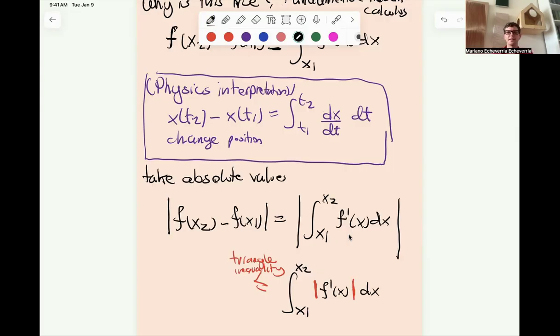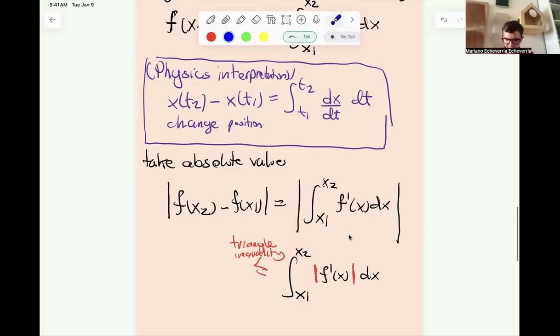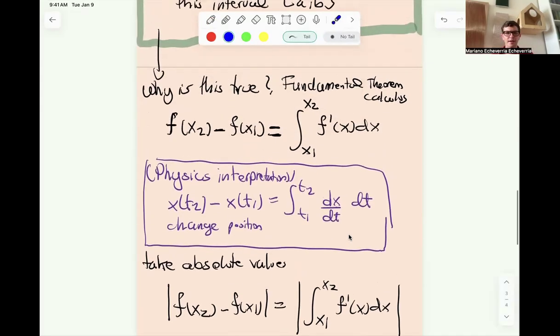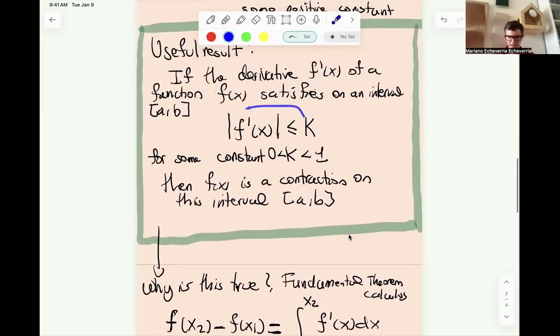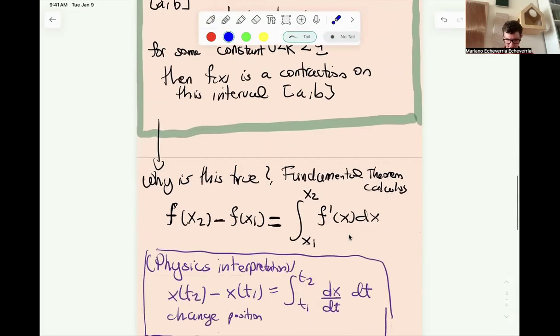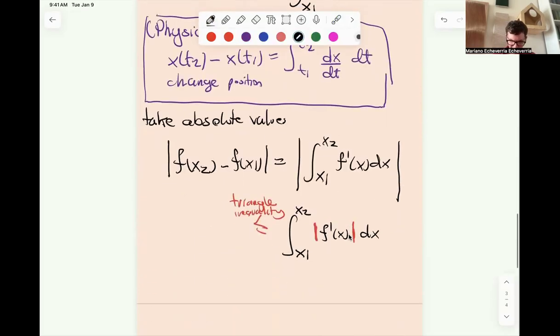And that is basically what you need to use, because now by hypothesis, this derivative in absolute value is never bigger than k. Our assumption is that this derivative is less than k. So I'm going to use now that this is always less or equal to k. It's also an inequality.